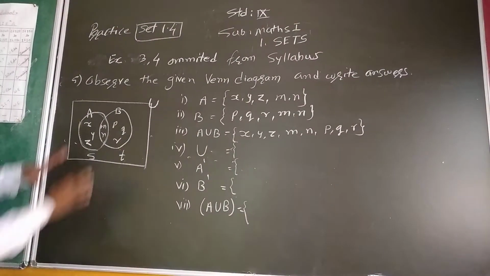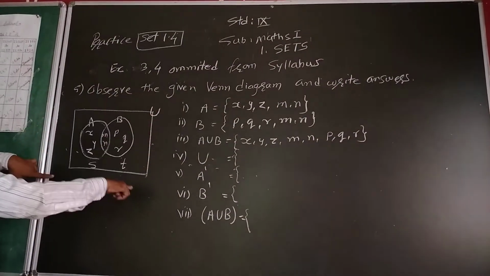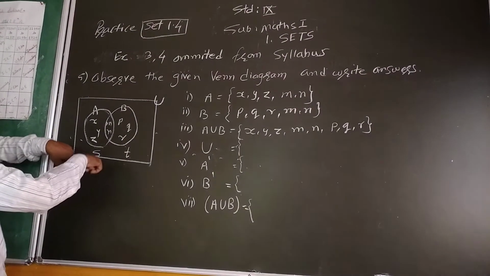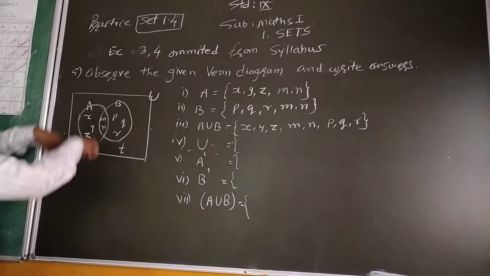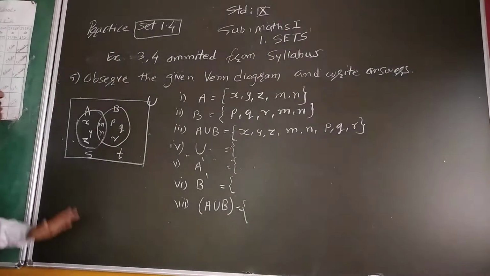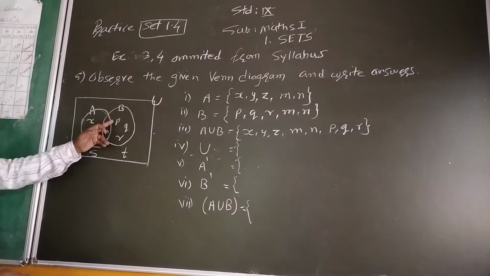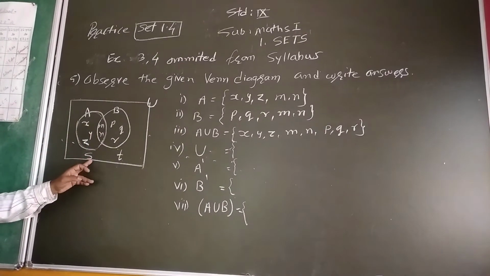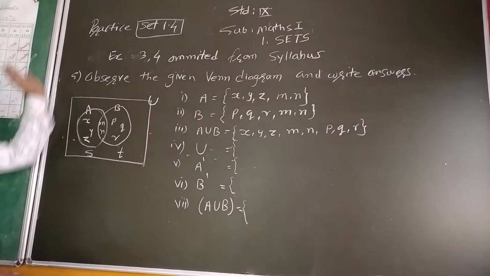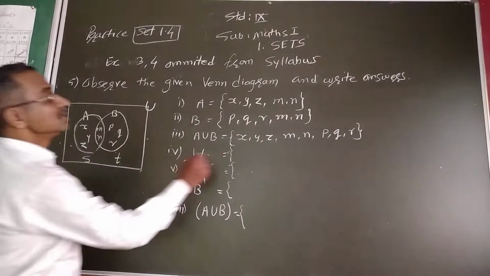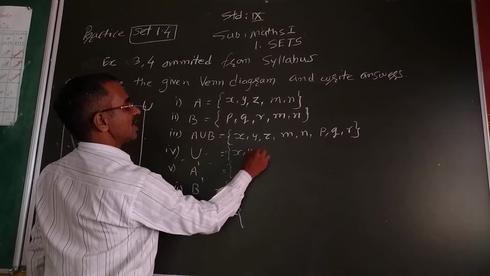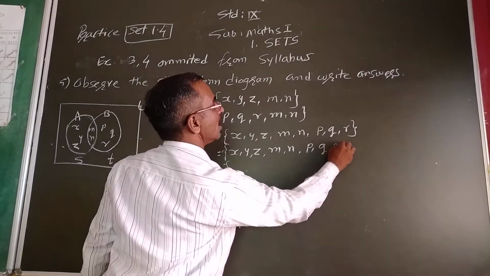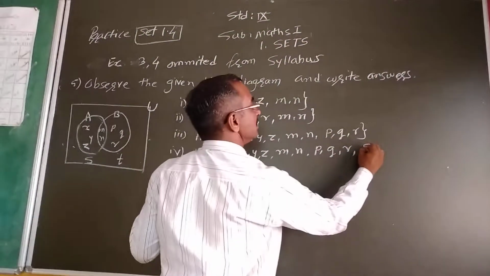Then the universal set. The rectangle is denoted as the universal set. It means all the elements X, Y, Z, M, N, P, Q, R in A and B, and S and T also. All are included. So we are writing X, Y, Z, M, N, P, Q, R, S and T.